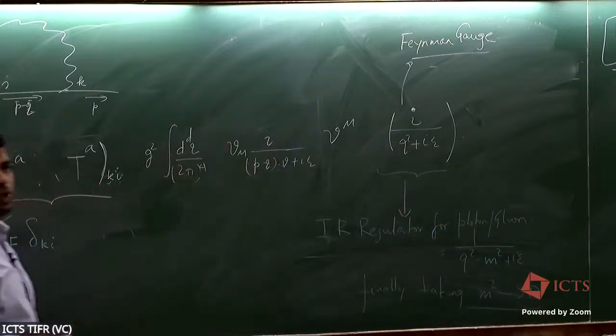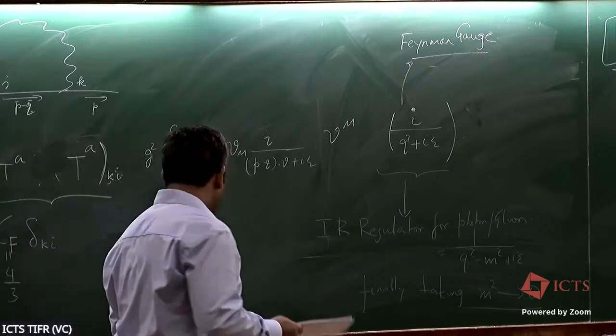So this m squared has been introduced so that I can control my IR divergence, because my only interest is to compute 1 by epsilon terms. I'm not interested in the finite term right now.